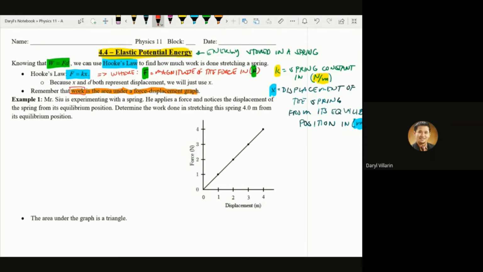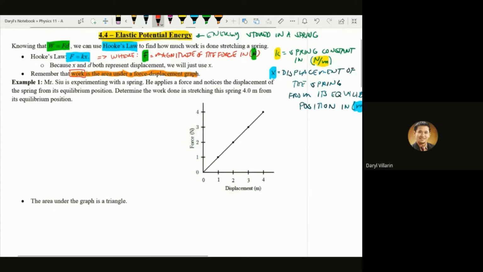So the area under a force-displacement graph is the work. We make use of this in order to get the expression for elastic potential energy. So let's take this example here.